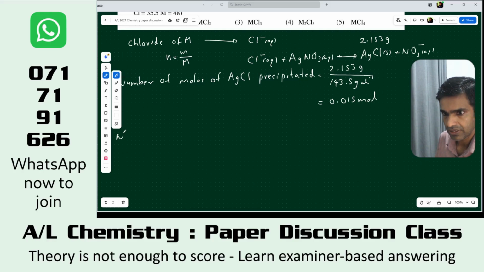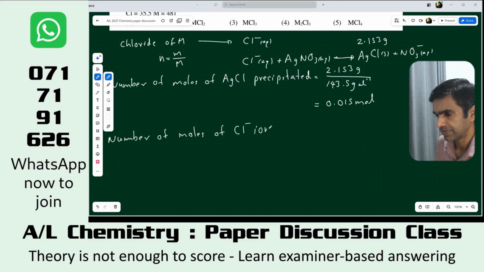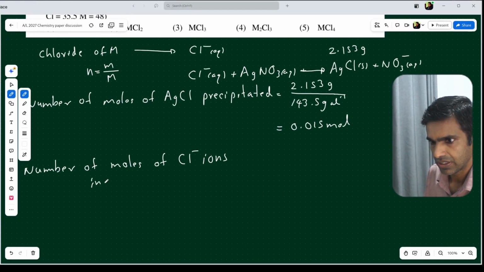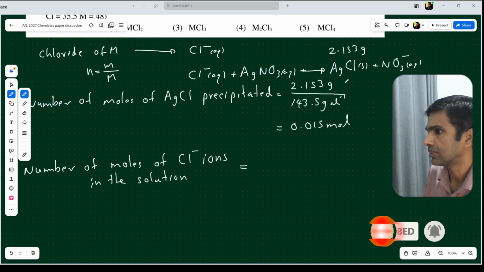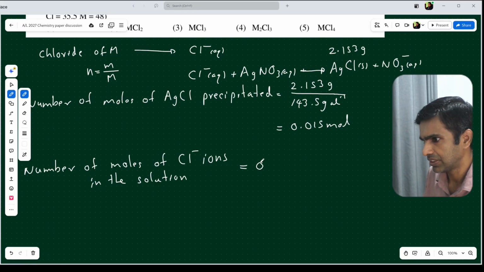The mole ratio is 1 to 1, therefore it should be 0.015 moles.